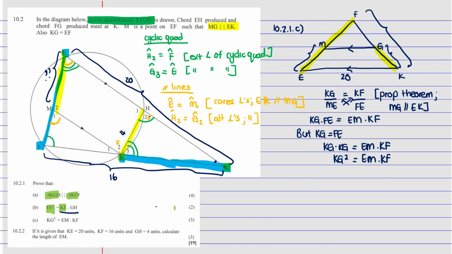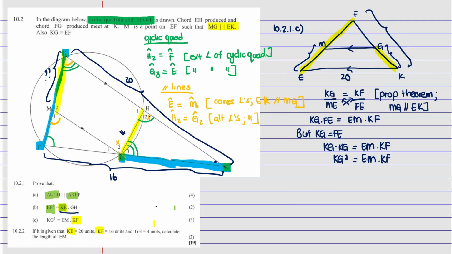Yes, ma'am. Okay, cool. So now let's link them together. We have KE. We see it here at B, which is 20 units. And we also have a KF. KF is here.